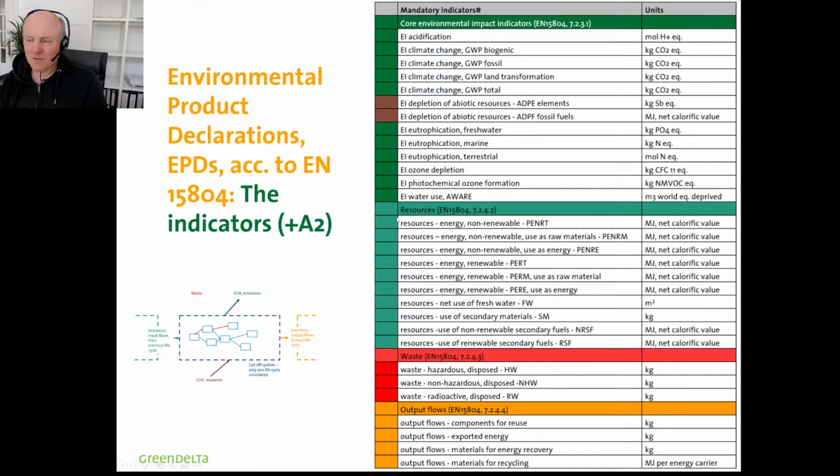So this is really straightforward LCA, I think. And then there are resources, so non-renewable energy input, renewable energy input, freshwater, secondary materials, and so on, and waste in 3 distinctions, and also output flows, components for reuse, exported energy, and so on.